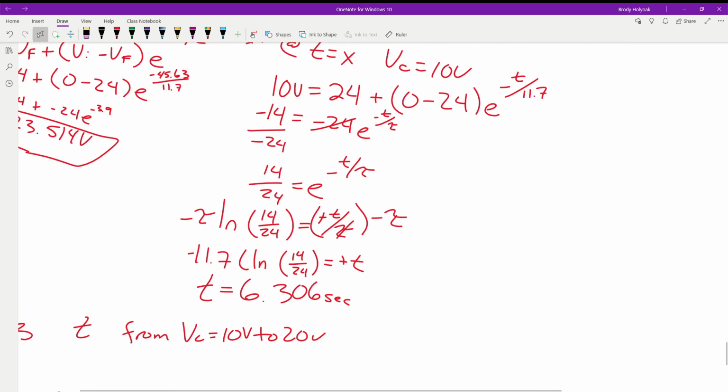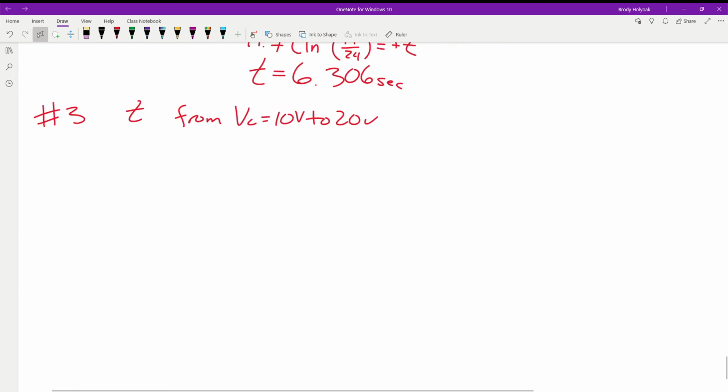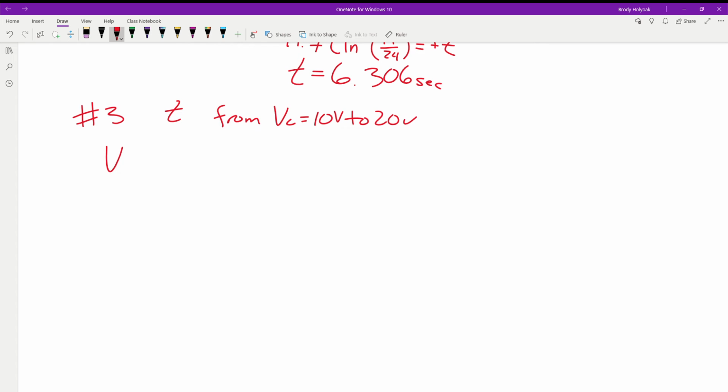So if we wanted to create a formula, let's create it. VC is equal to V final plus V initial minus V final times e to the negative t over tau.